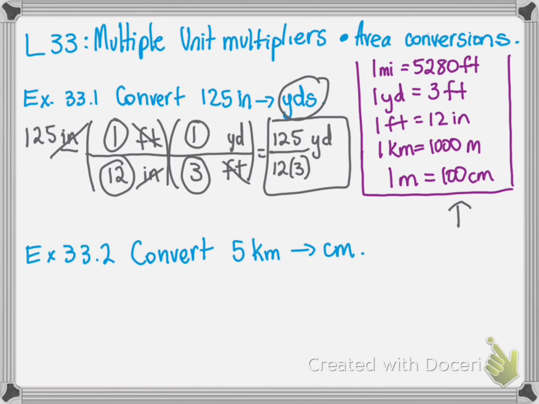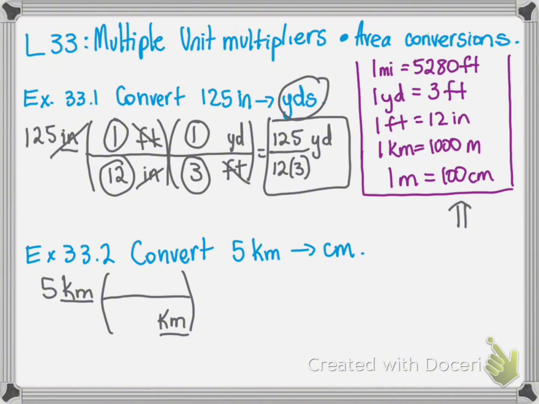In the next example, we have to convert from kilometers to centimeters. So again, I start by putting 5 kilometers here, and I open my parentheses and put the kilometers on the bottom. Remember, the one I put here, I also put here on the bottom. Now, if I check my box or my memory, I see that there is no straight connection between kilometers and centimeters.